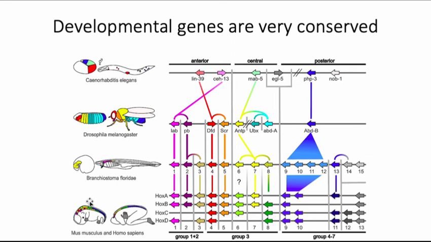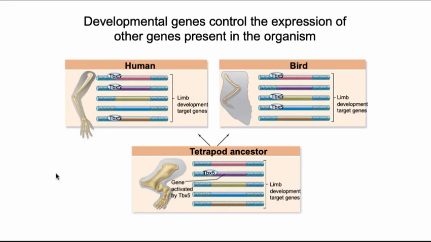And the pattern of expression of which are more expressed towards the head and then which is towards the tail is very conserved in all these different groups of organisms. But what happens is, what are the genes that those developmental genes then activate later on?